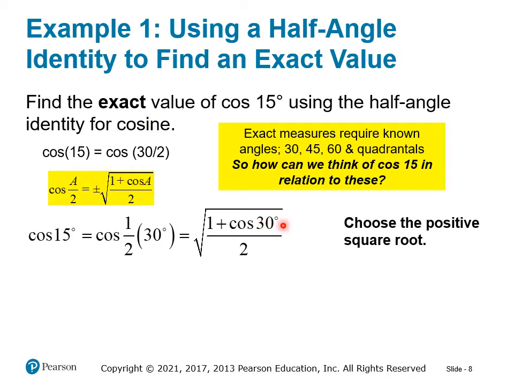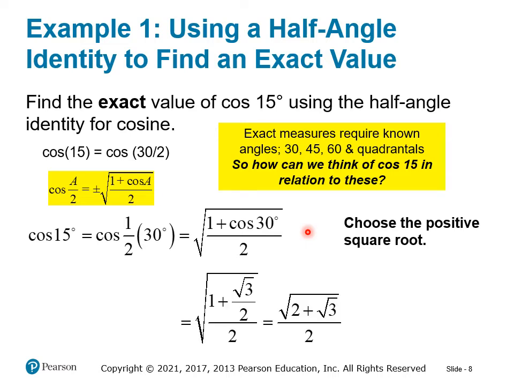Why did we choose the positive square root? Because we're in quadrant 1, and in quadrant 1, both x and y are positive, so sine and cosine, and in this case, cosine is going to be positive. Now we're just doing algebra. So we get 1 plus the square root of 3 over 2. First, we have a common denominator in the numerator, which is 2 over 2 plus square root of 3 over 2.